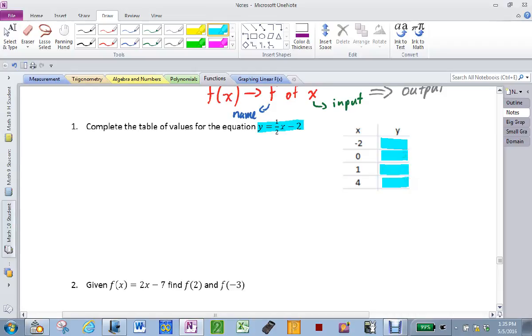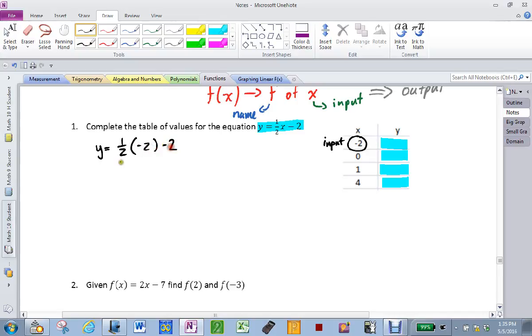Vanessa. You have to put in a number, so it's a -2. Right. How do you know you're going to use -2? Because that is our first input, because it is in the x column. Everybody cool? So the first thing I'm going to do is y equals 1/2 x minus 2. What's x?